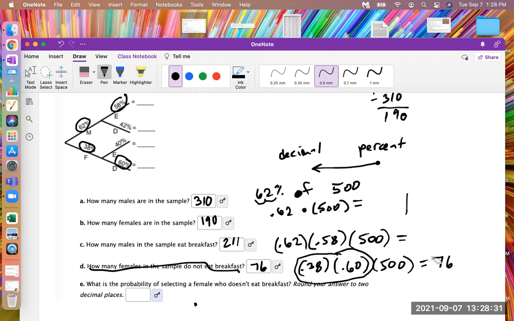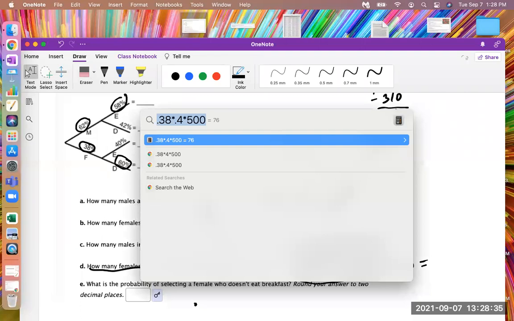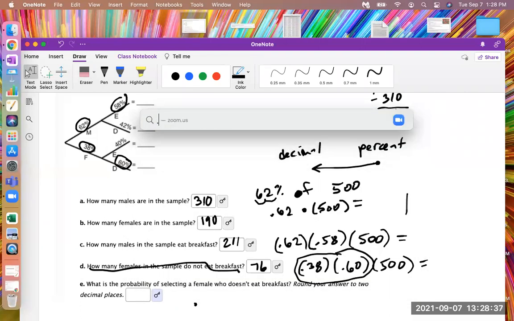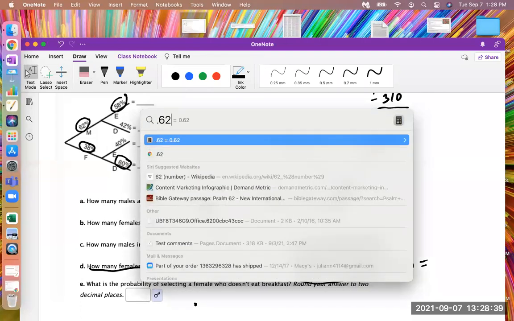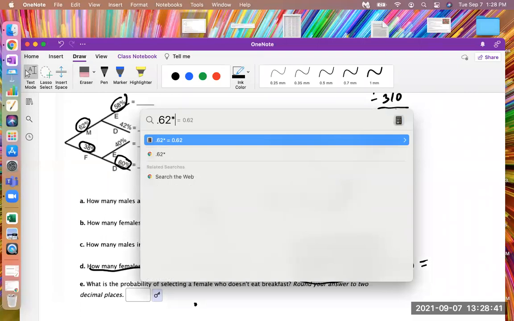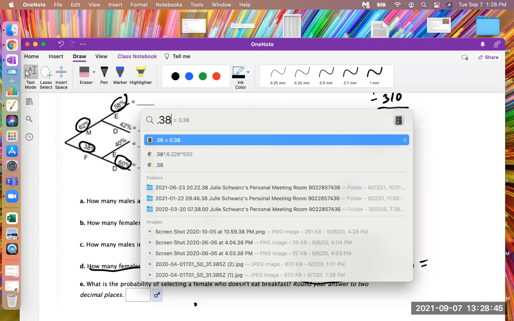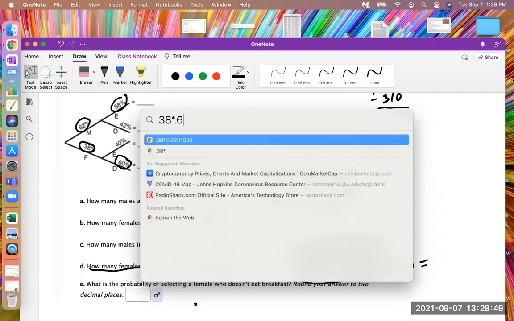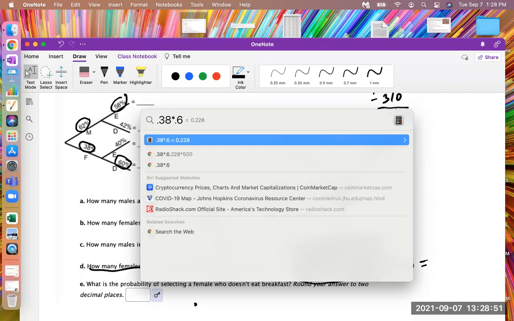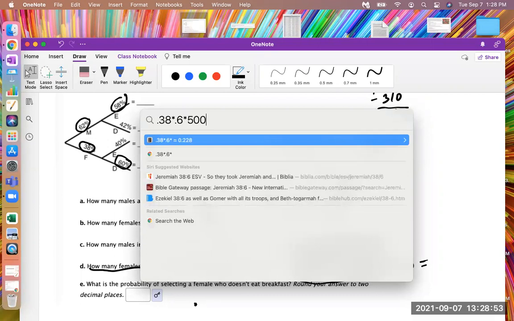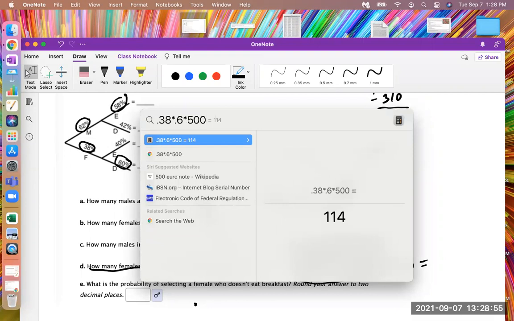And so let's do that calculation one more time. 0.38, because it was a female, times 0.6 times 500, okay? So that's 114.